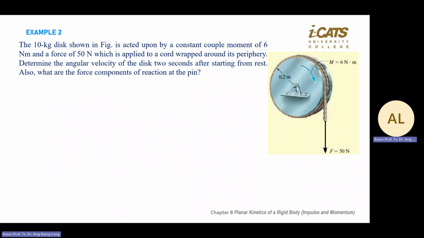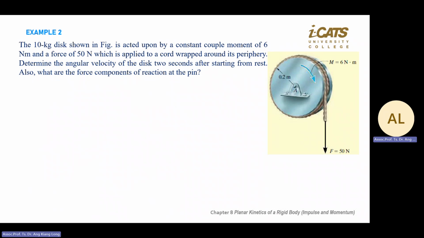Okay, so a 10 kilogram mass is given, acted upon by a constant couple moment of 6 Newton meter and a force of 10 Newton, which is applied to a cord right around its surface. Determine the angular velocity omega.